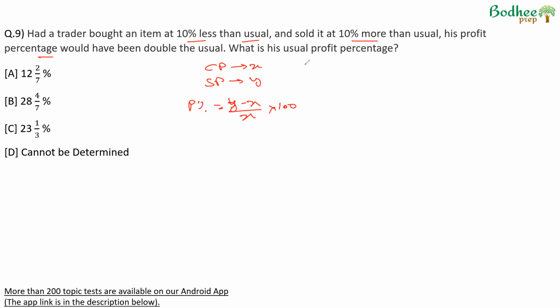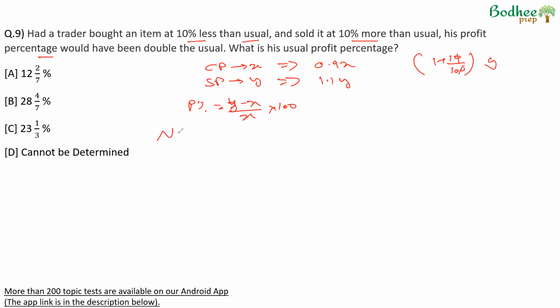Had he bought the item for 10% less, so 0.9x, 10% of x reduction is 1 minus 10 upon 100, which is 0.9x. Sold it for 10% more, 1 plus 10 upon 100 into y, 1 plus 1 by 10 is 11 by 10, 1.1y.